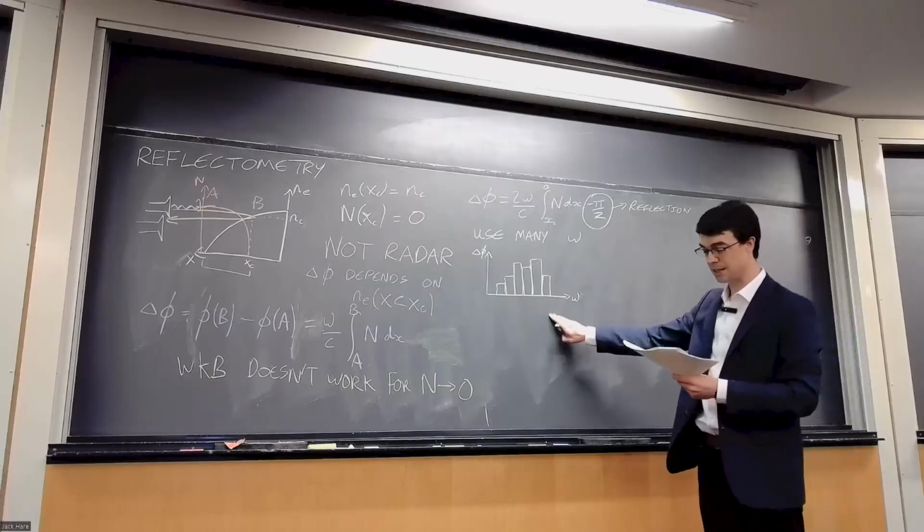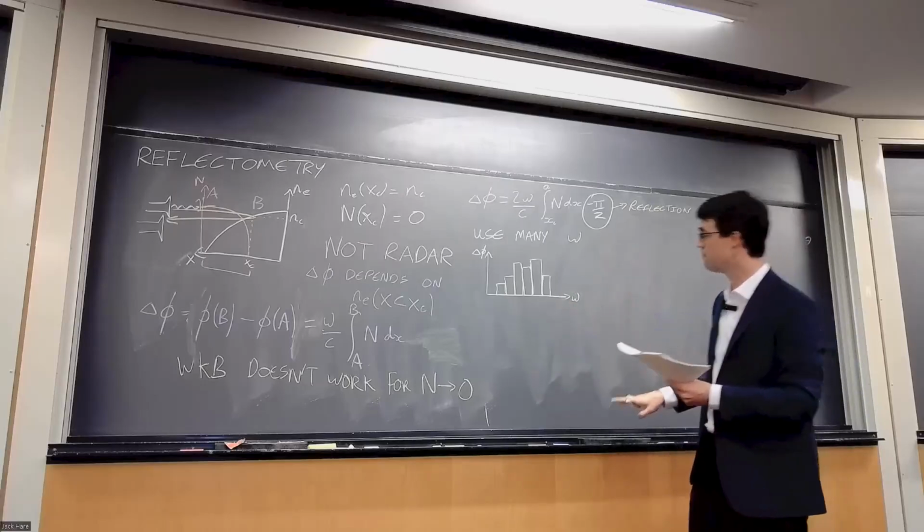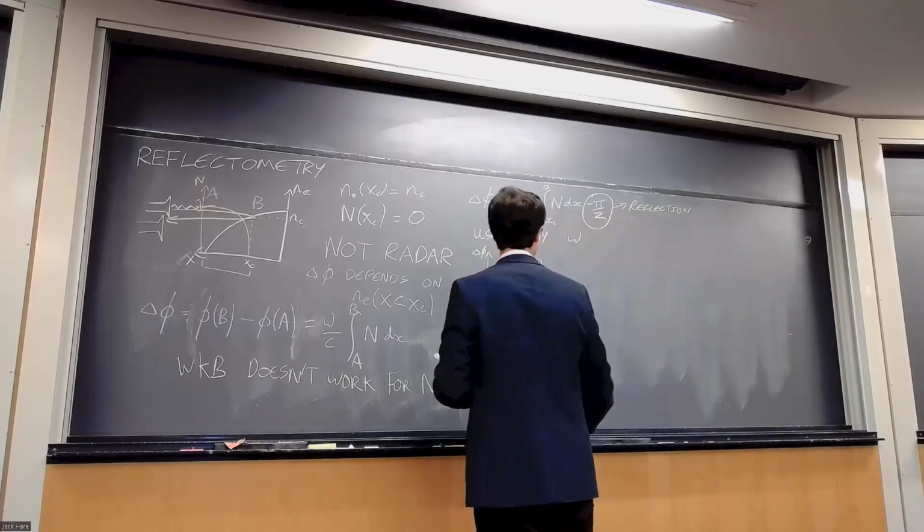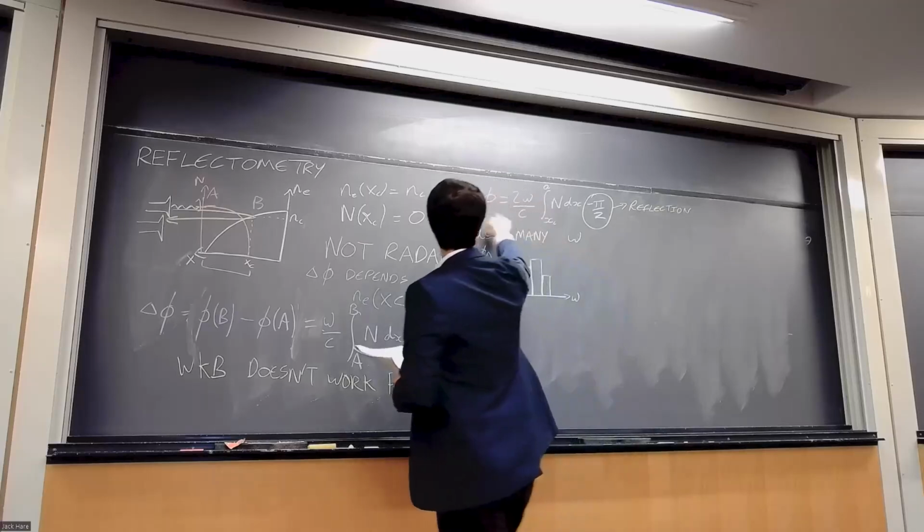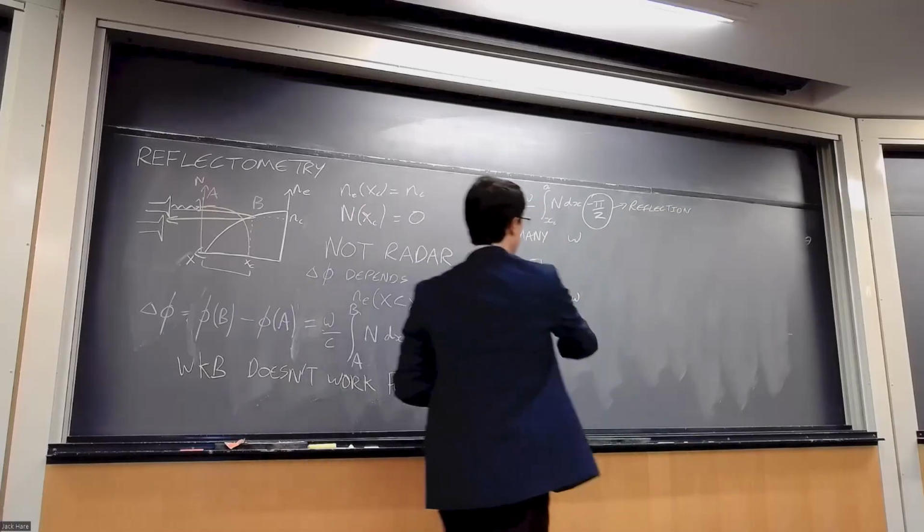But the reason you do this is that after a little bit of mathematics that you can find in Hutchinson's book, you can find out how this phase changes with the frequency you put in.